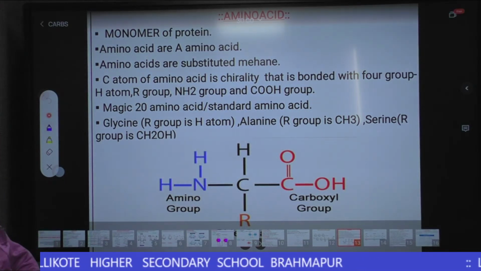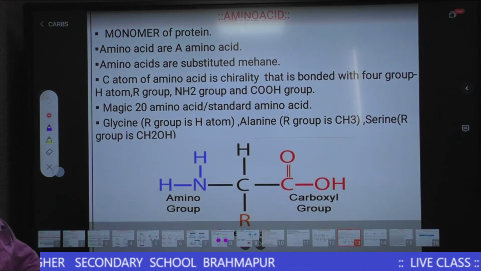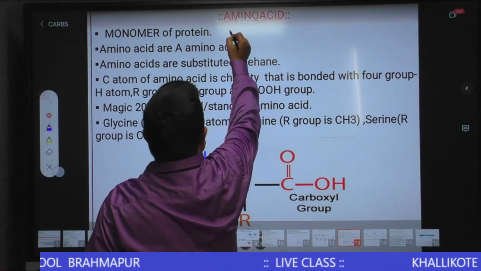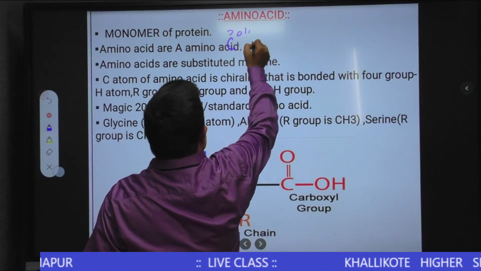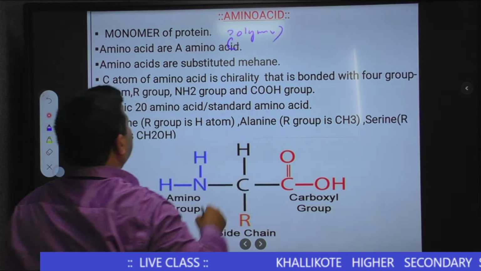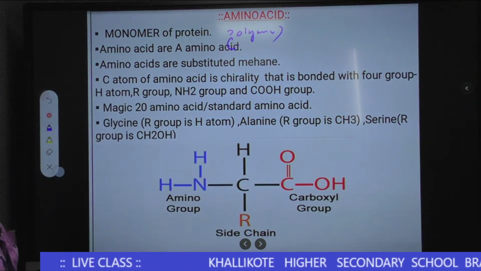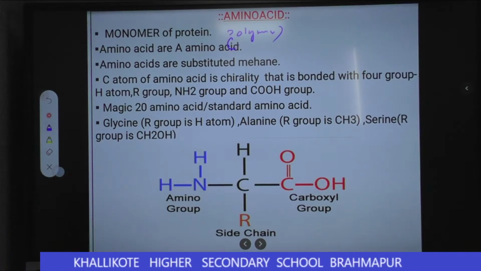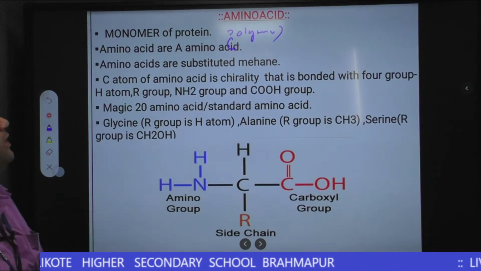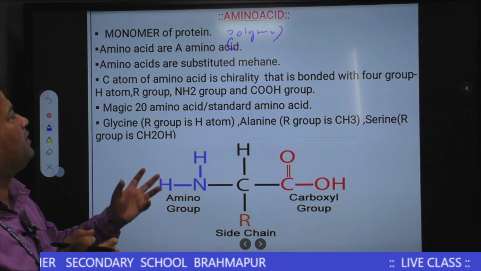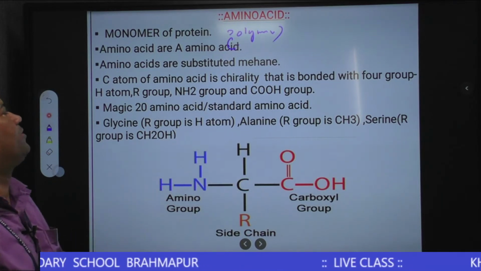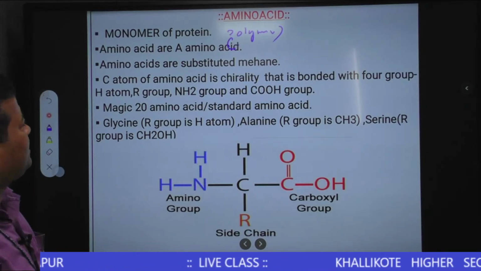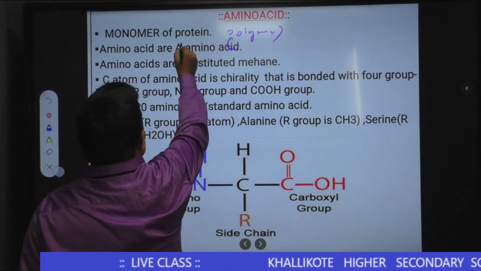So the amino acid is considered the monomer of protein. Many amino acids joined with each other by peptide bonds form a polymer, which is considered a protein molecule. Here, the amino acids are alpha amino acids.